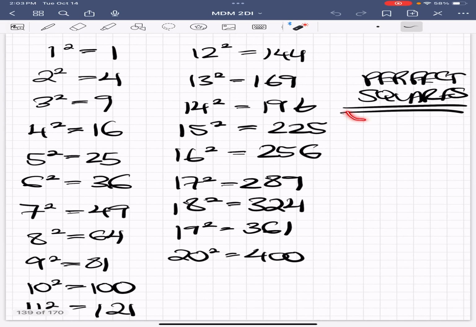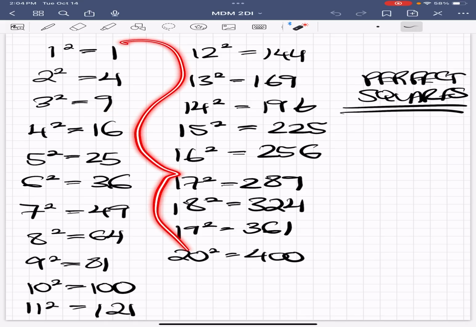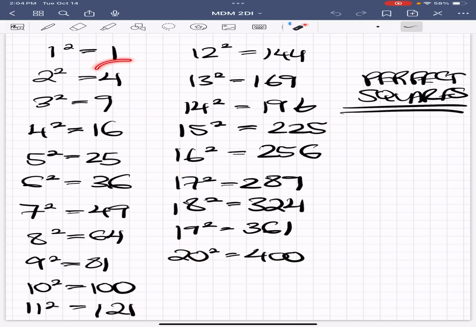And then we have perfect squares. So we have 1 to the power of 2 equals 1, 2 to the power of 2 equals 4, 3 to the power of 2 equals 9. So basically, we have every number to the power of 2, and we're recognizing the corresponding number with the coefficient to the power of 2.